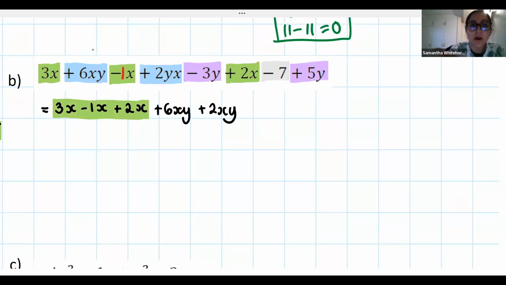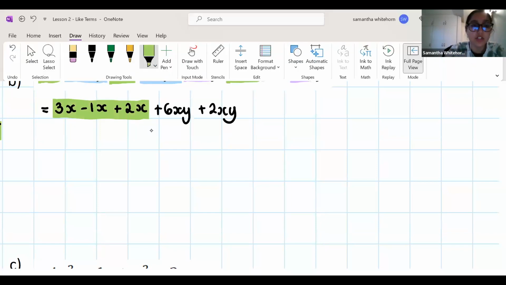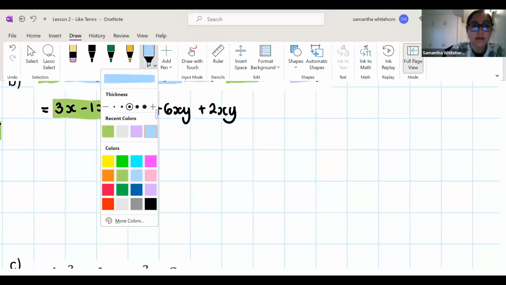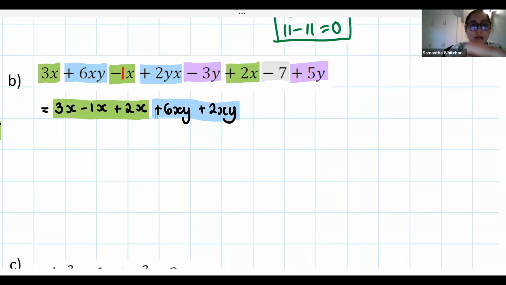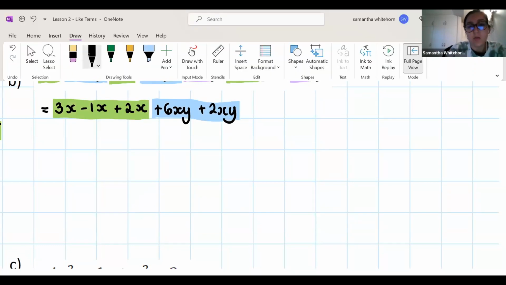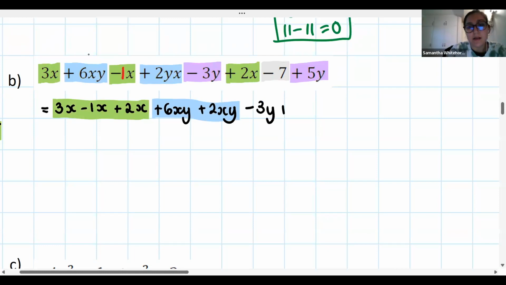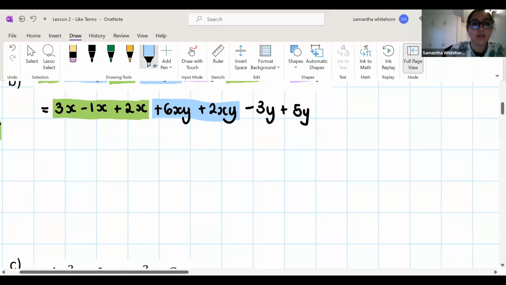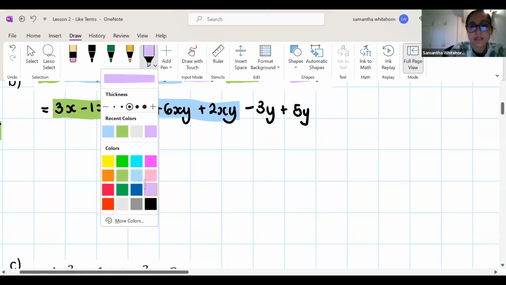You can write it yx as it originally was, but I've just said the order doesn't matter. Those are the blue terms that are highlighted. Then I've got my y terms of minus 3y plus 5y. Those are the purple ones that we initially highlighted. I've grouped them together so I can see exactly what I'm adding and subtracting.